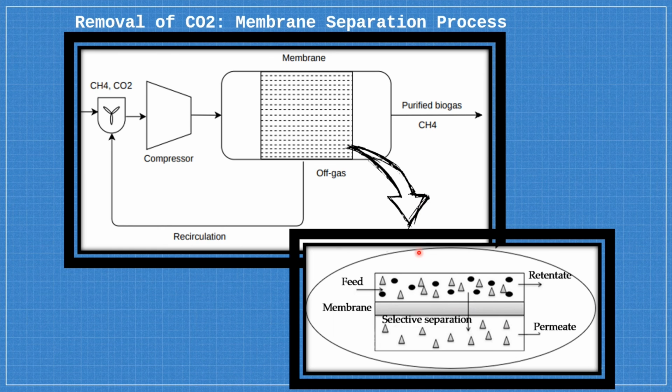Thus, carbon dioxide will permeate quicker than CH4. As you can see in the feed stream, it contains triangular and circular components which are carbon dioxide and methane. By selective separation, only carbon dioxide will permeate through the membrane while CH4 will leave the system as the product.